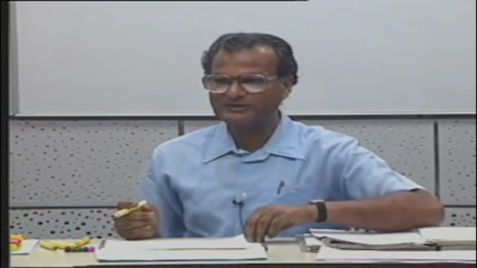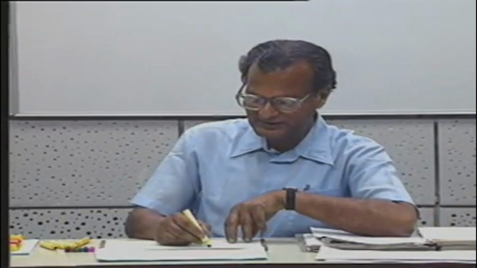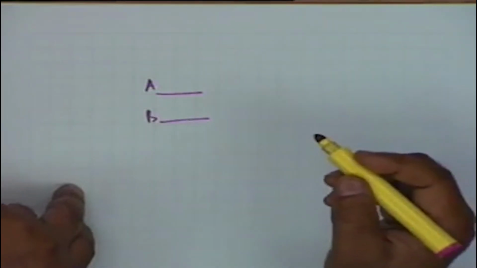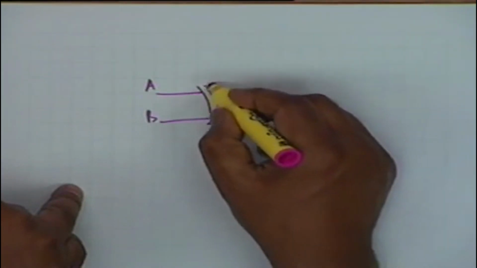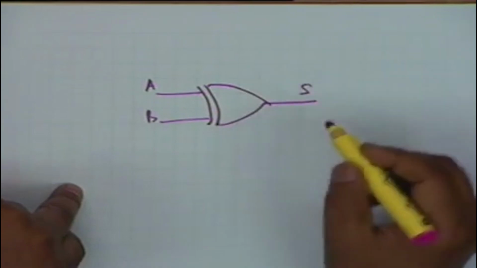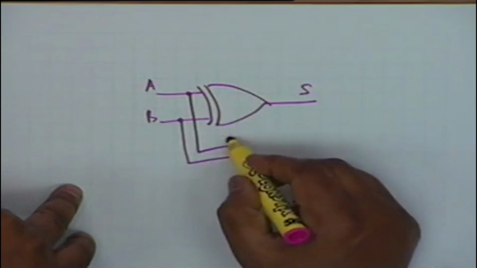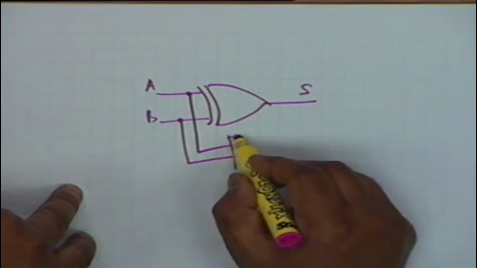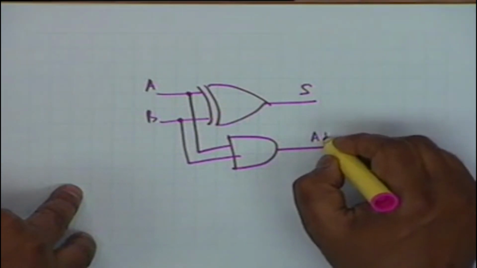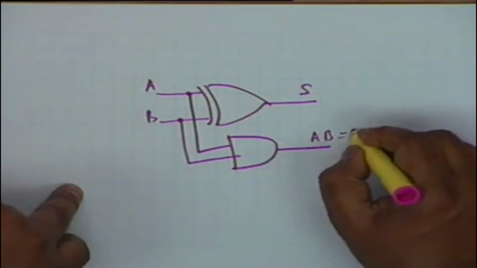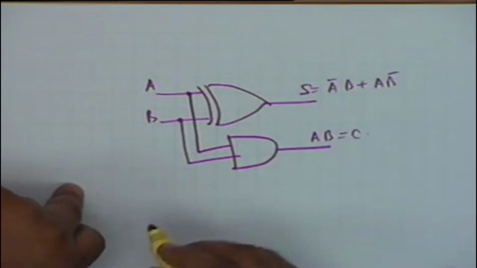So in terms of an exclusive OR, the half adder circuit with A, B is simply two gates. One is the exclusive OR, which gives you the sum, A bar B plus A B bar, and the other is an AND, which gives C.